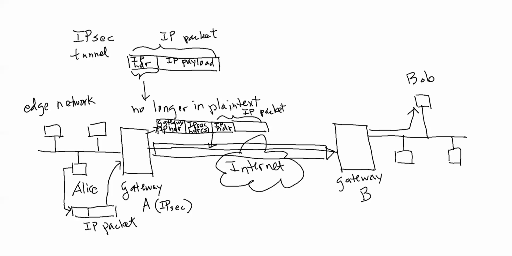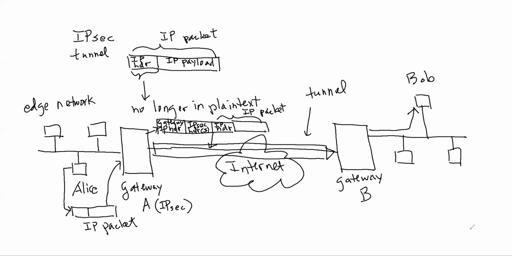What intermediate routers can see is gateway A's IP and gateway B's IP. So inside this tunnel, nobody else can see the information of the original IP packet. That creates a much stronger protection at the network layer.